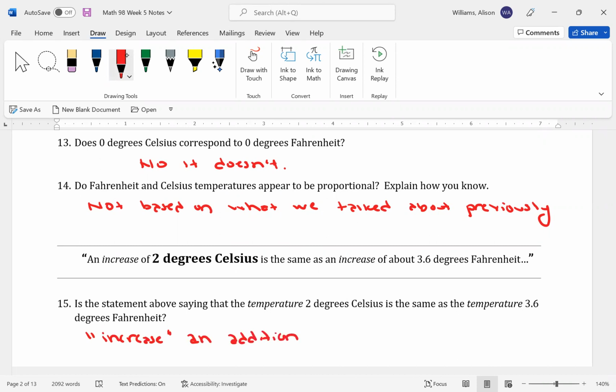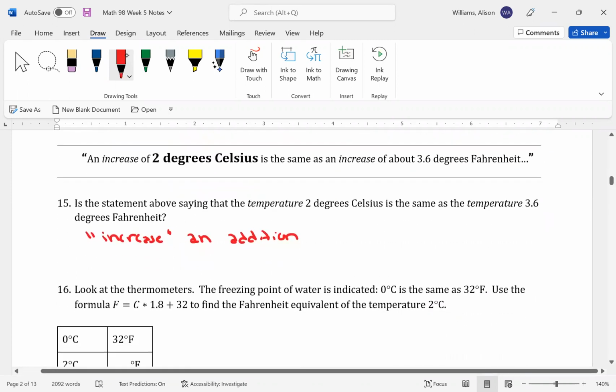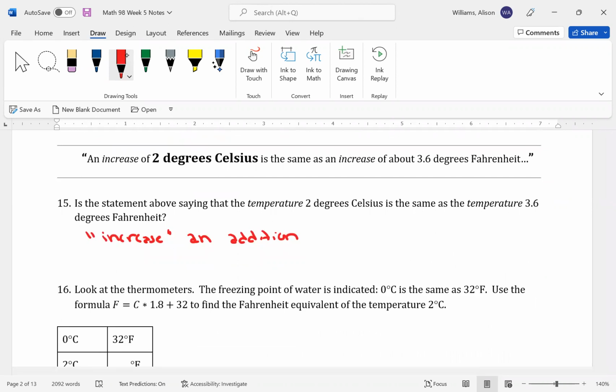So they're not telling us the comparison between Celsius and Fahrenheit. They're telling us that an increase in Celsius ends up equating to this increase in Fahrenheit. So let's look at the thermometers. The freezing point of water is indicated as 0 degrees Celsius, same as 32 degrees Fahrenheit. That's the thermometer picture above.